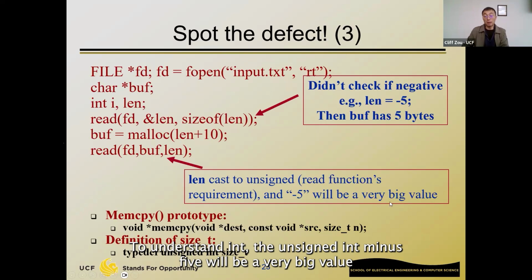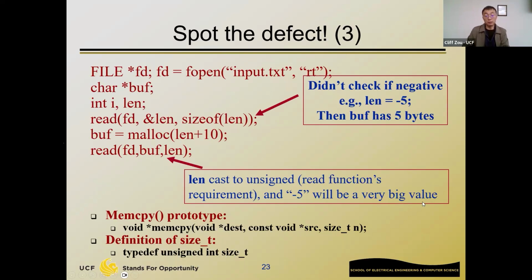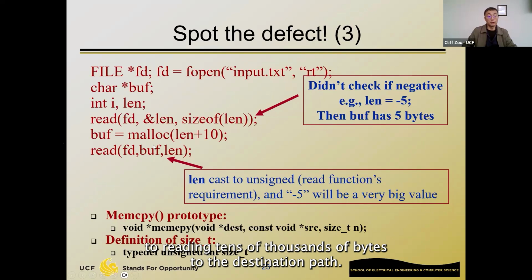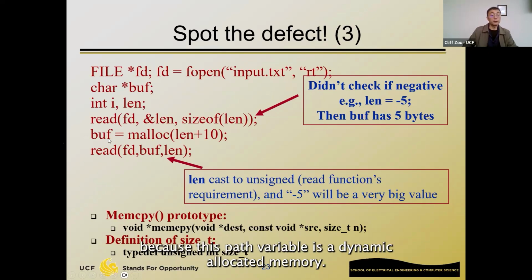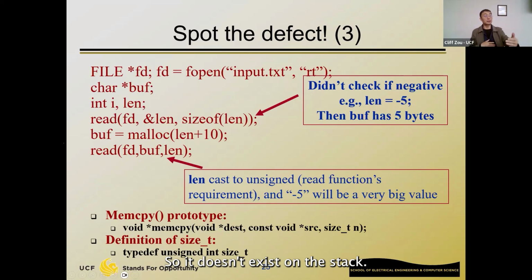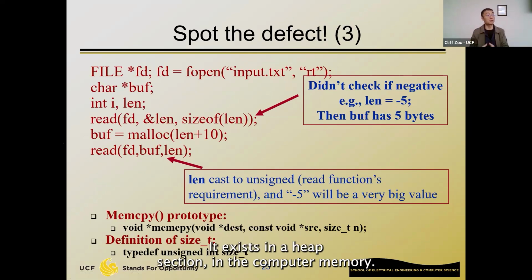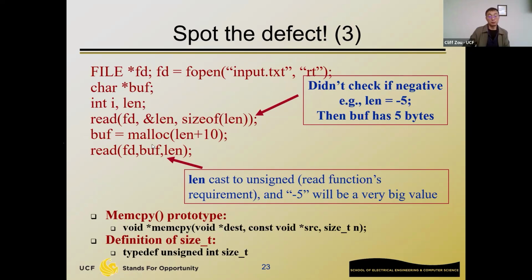The unsigned int for -5 will be a very big value for an integer. This means that we will be allowed to read tens of thousands of bytes to the destination buff. So this will overflow the buff variable. In this case, it will be a heap overflow because this buff variable is dynamically allocated memory. So it doesn't exist on the stack. It exists in the heap section in the computer memory.